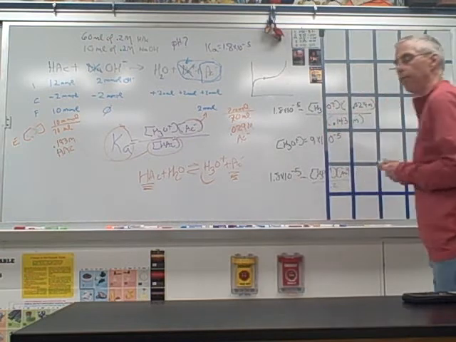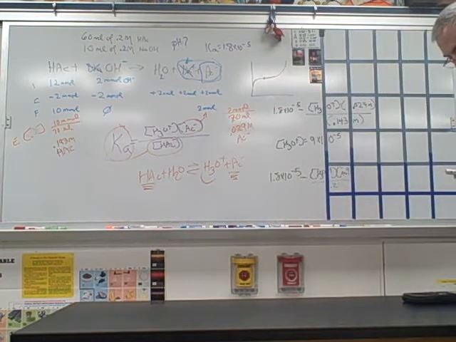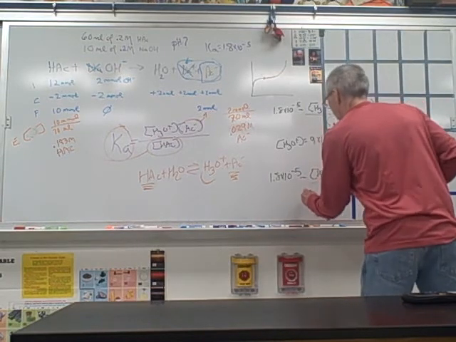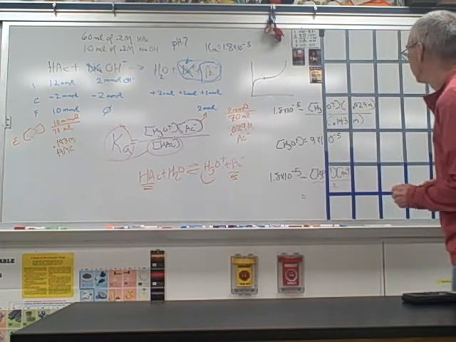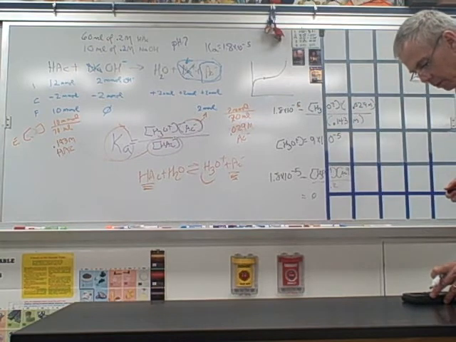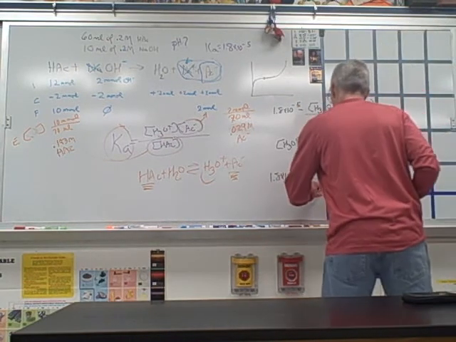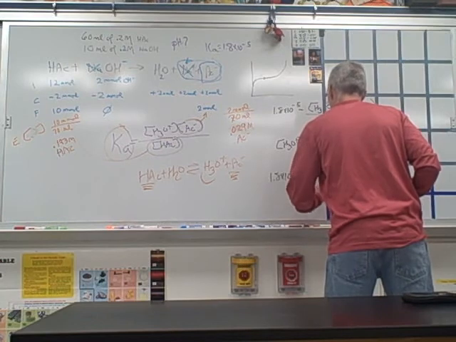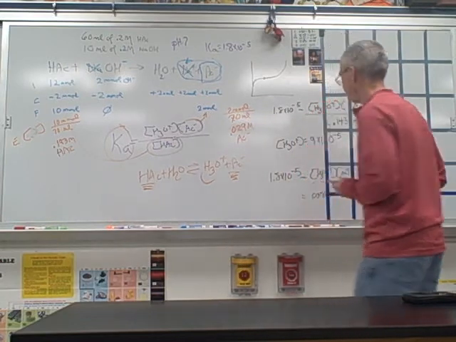So 1.8 e negative 5 times 0.2, take the square root of that, we get 0.0189. So it's gone up. It's okay.